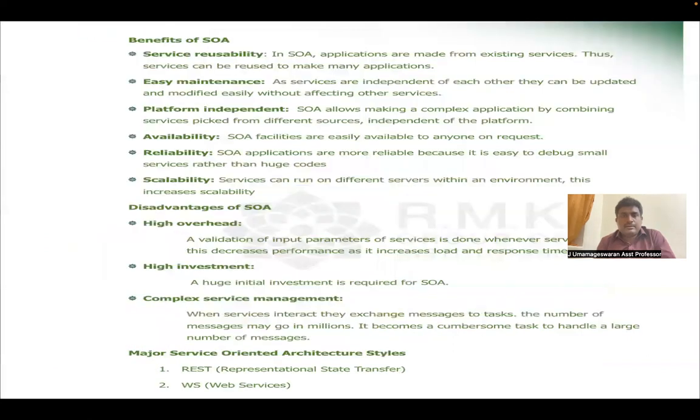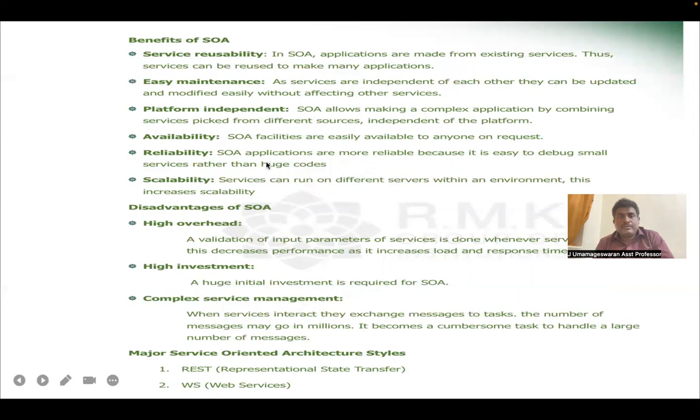Apart from that, there are benefits. SOA is a current trend. Each and every application is concentrating on service-oriented architecture. The benefits are service reusability, easy maintenance, platform independence, availability, reliability, and scalability.